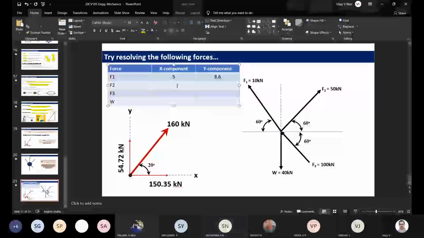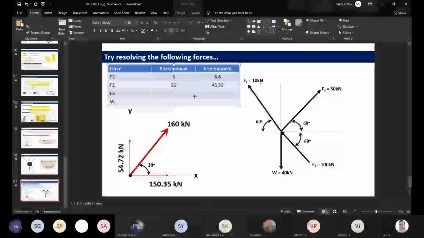So F2. X component 25. Y component is 43.30. Okay. F3.